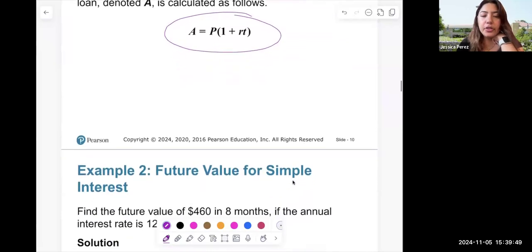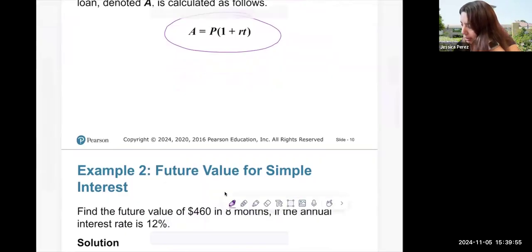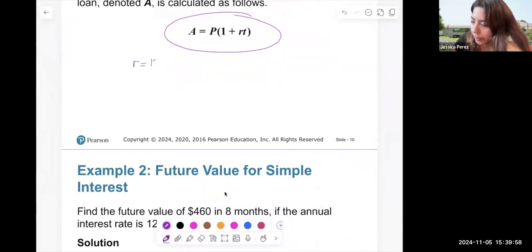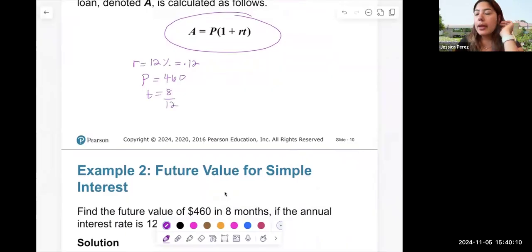So let's look at this one. Find the future value of $460 in 8 months if the annual rate is 12%. So the rate is 12%, which is 0.12. The principal amount is $460, and the time is 8 over 12. We can reduce, but at the end of the day, we want to find A, the future value. It's going to be 460 times 1 plus 0.12 times 8 over 12. So I'm going to punch this into my calculator, Calculate 84, where you should have access to that free calculator.